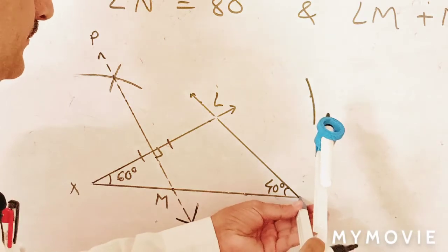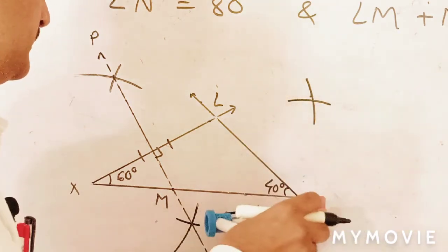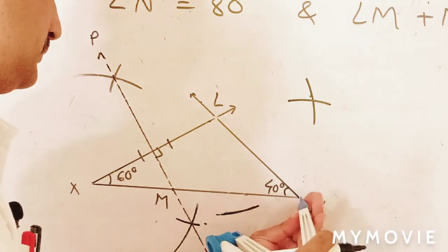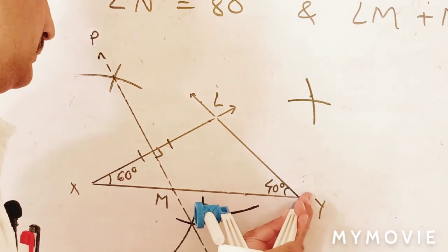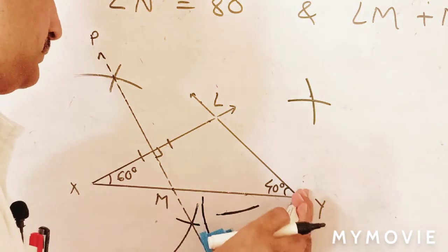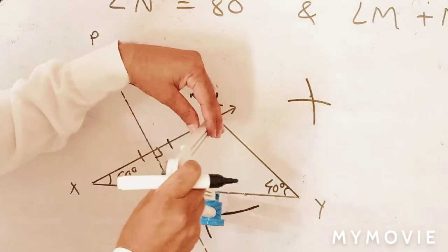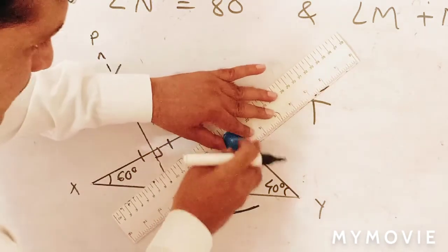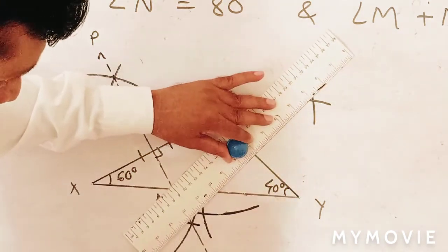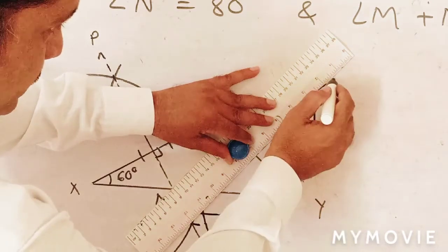Then from Y let them intersect. They are not intersecting, therefore extend them. Now they are intersected. Draw a perpendicular bisector from these points.